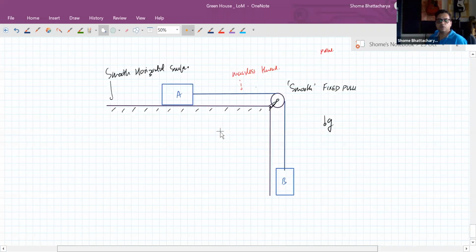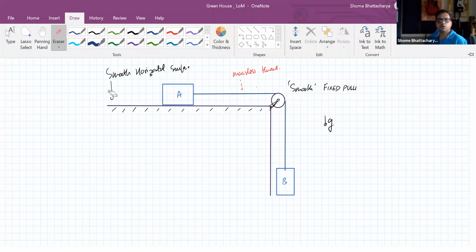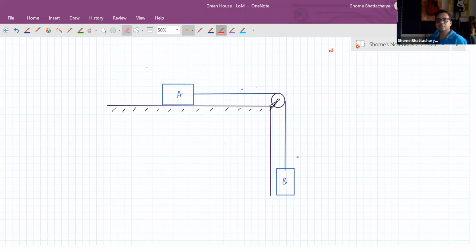The block B, pulled down by gravity, has a tendency to get pulled down, and as it gets pulled down, it will pull this block A on the horizontal surface towards the right. That is happening because they are connected by a thread which has tension, and that thread is massless, so it will have uniform tension throughout.